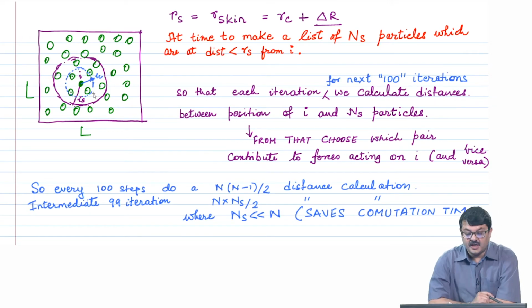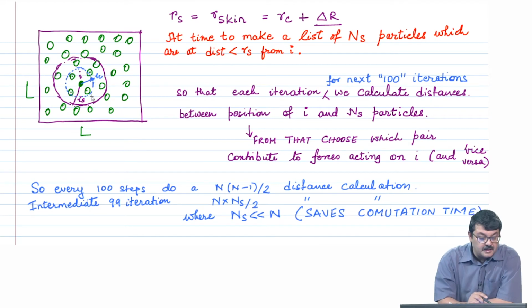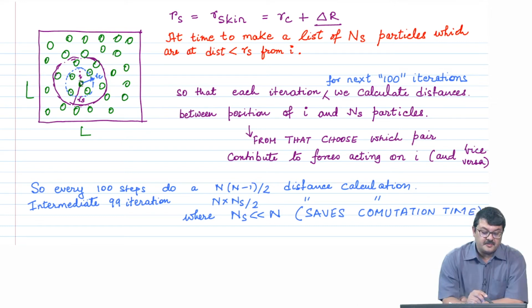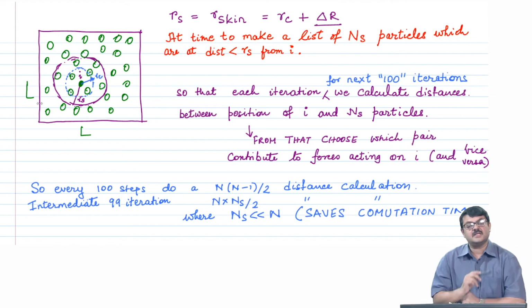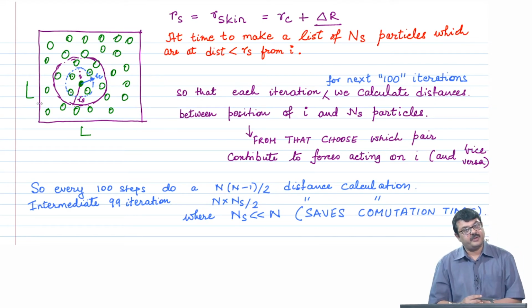Of course, you are going to ask that this particle I and each particle on which you are calculating the forces are going to move around in space. So, if this particle at time t equal to 0 was here, it is going to move here after some time, and similarly all the other particles are going to move around.